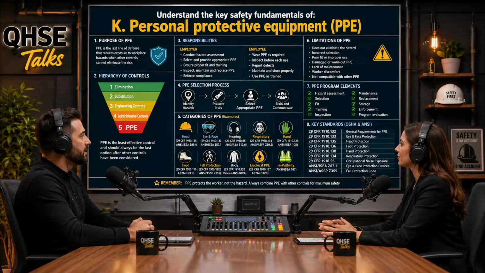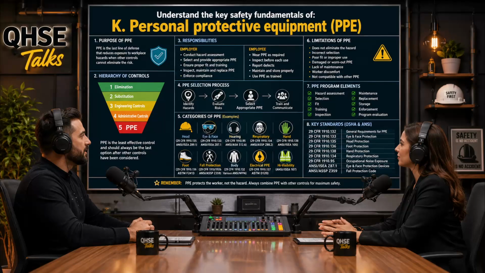Right. You are evaluating human factors engineering. You can possess a flawlessly calculated hazard assessment, and you can purchase the most technologically advanced, expensive gear on the global market. But that $1 million investment is utterly worthless if the equipment does not stay securely on the worker's body.